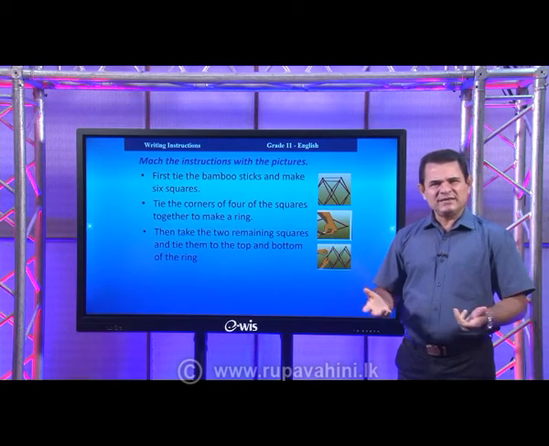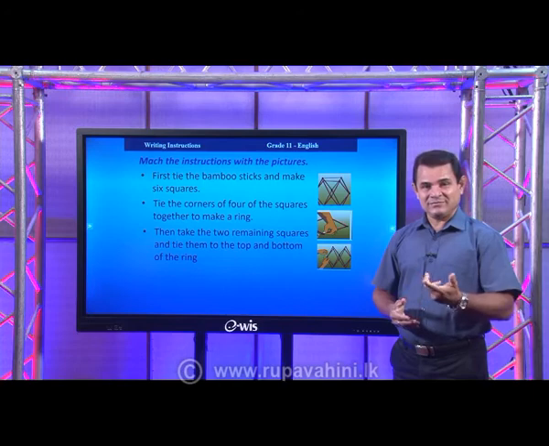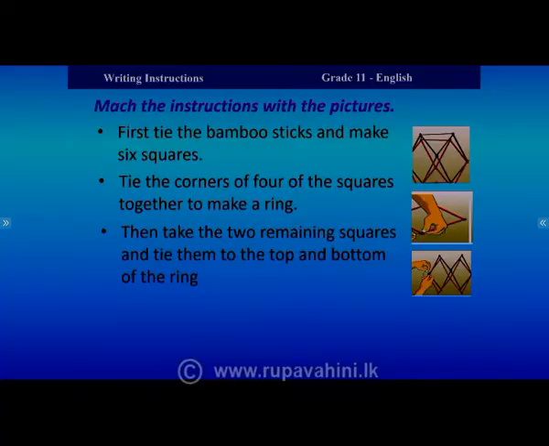So this sort of very simple activity is there for your exam as well. Let's read the first one. First, tie the bamboo sticks and make 6 squares. Tie the corners of 4 of the squares together to make a ring.